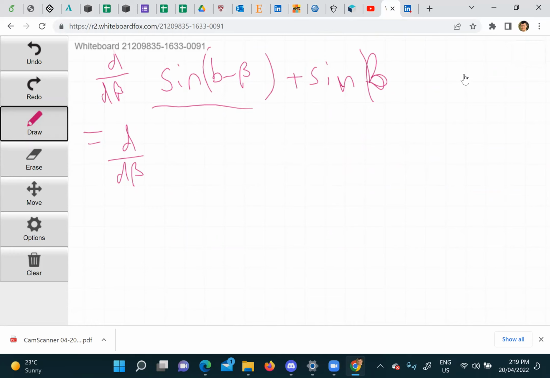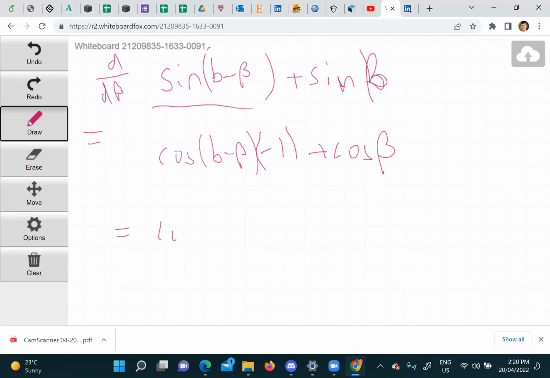Chain rule. Alright, so this is cos of B minus beta, times negative 1. Is this how it works? How does the chain rule work? So we differentiate cos of B minus beta, negative, and then this is just plus cos beta.